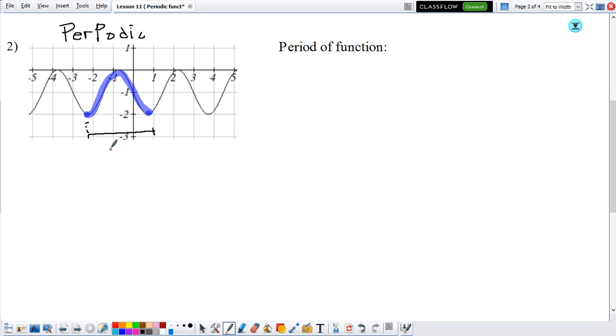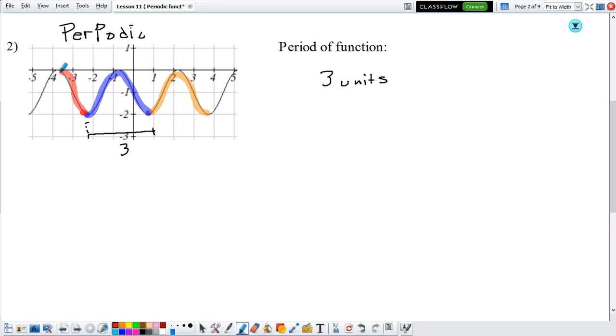So how long does it take? It takes about 3 units to complete the full shape. So the period of the function is 3 units. And notice that if we do another cycle, we're going to have to travel 3 units again to complete that other cycle.